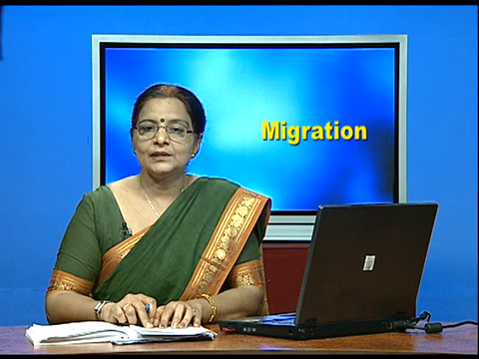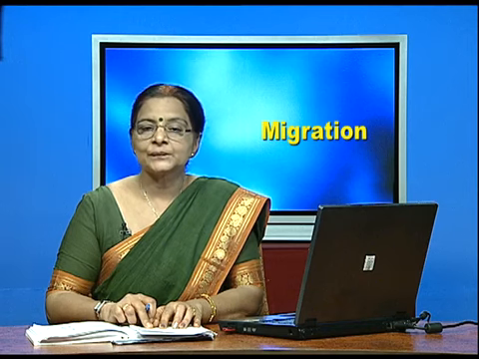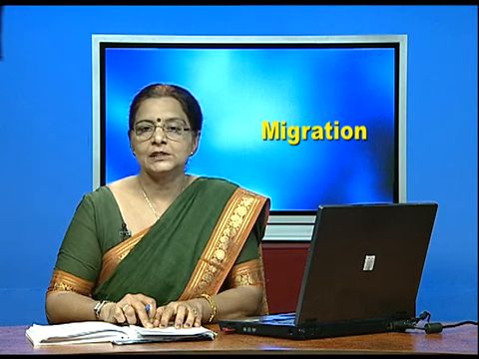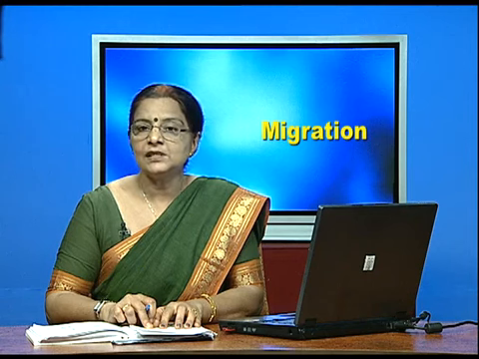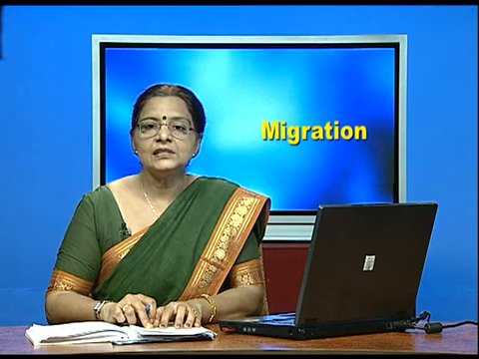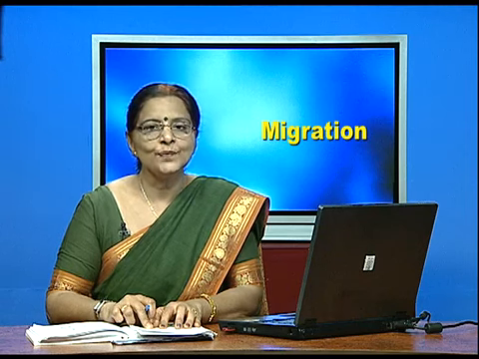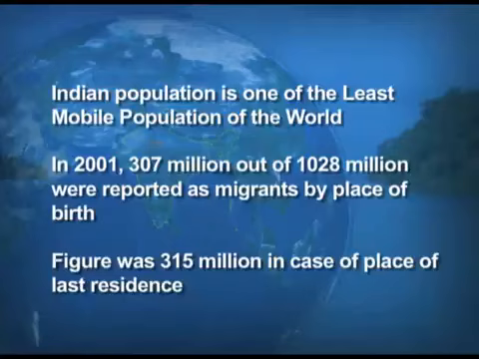Now, there are a few facts about the Indian population and its movement. The Indian population is one of the least mobile populations of the world. Maybe the reason is the traditional tendency of Indians that they don't want to make a change in their life.